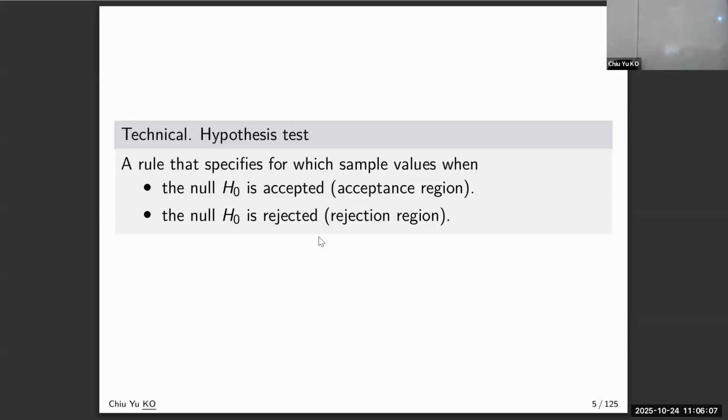So technically, what is hypothesis testing? We specify a rule for when the null hypothesis is rejected and when it is accepted. It's like a court specifying what kind of evidence we will say the defendant is guilty of his crime or not. What is evidence beyond reasonable doubt? For example, in a murder case, I don't know too much about law, so correct me if I'm wrong.